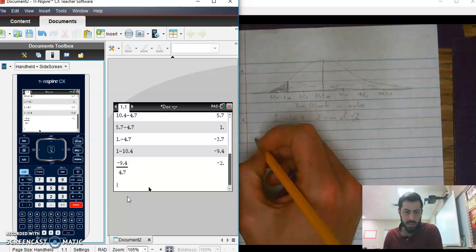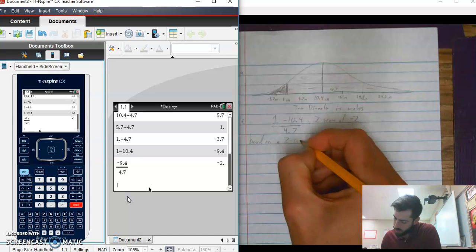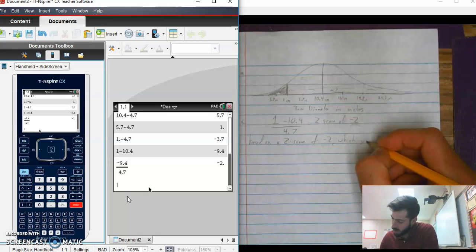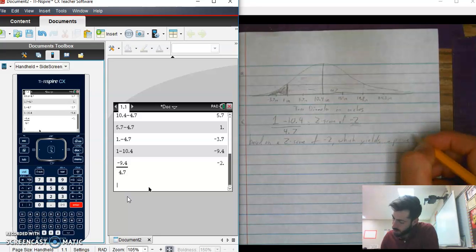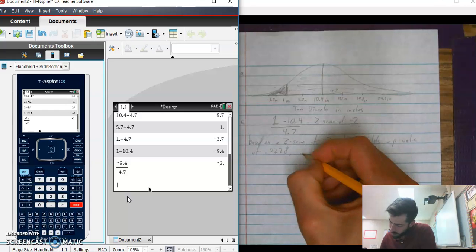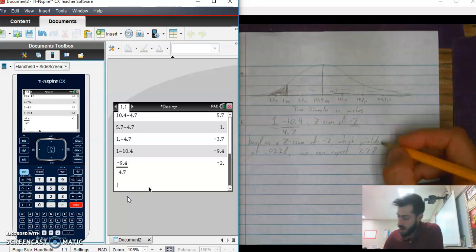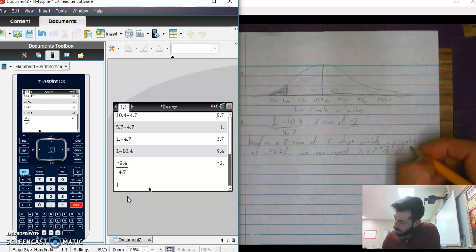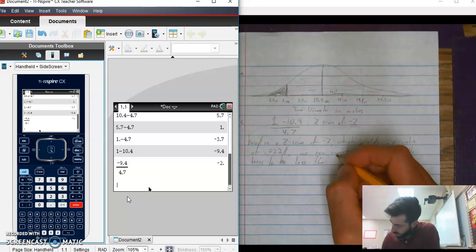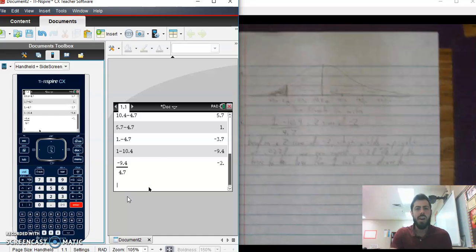So we could say, based on a z-score of -2, which yields a p-value of 0.0228, we can expect 2.28 percent of the trees to be less than 1 inch in diameter. All right, there you go.